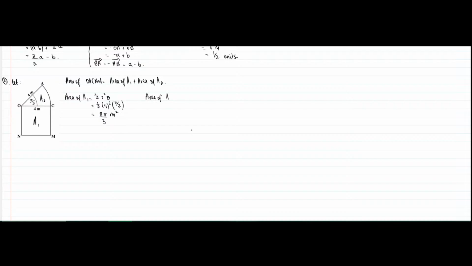Area of A2 is a square, so side squared, which is 4 squared, that is 16 meters squared. So the area of OACMN is equal to 8 pi over 3 plus 16 meters squared.